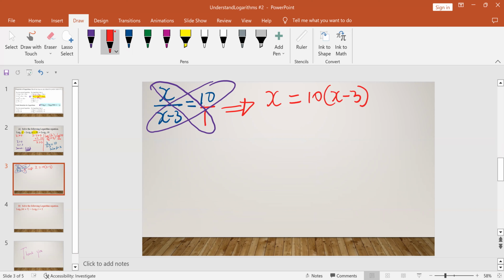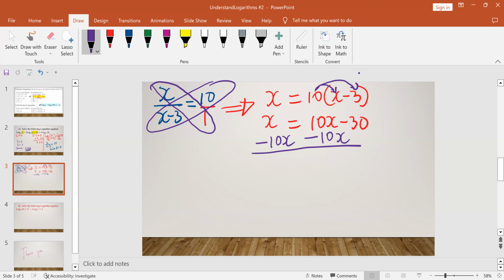Okay, x is equal to 10x minus 30. How? We distribute the 10 to everything inside the parentheses. So to solve for x, we're going to subtract 10x on both sides because we want x on one side and the number without x on the other side.